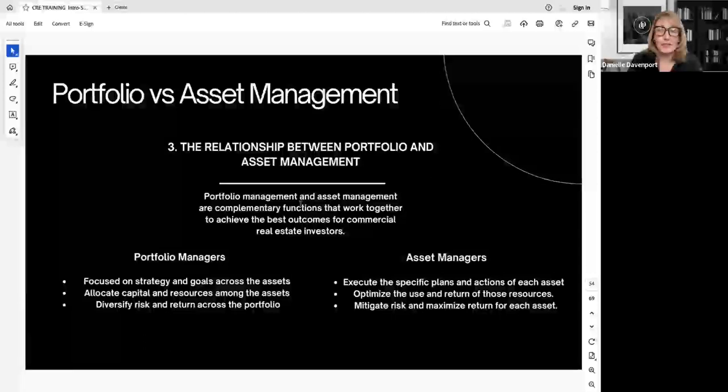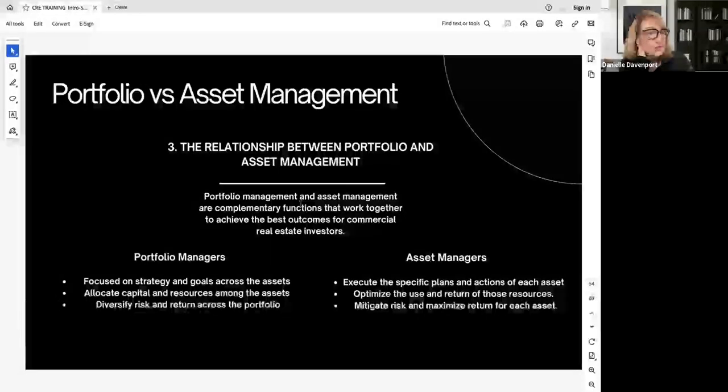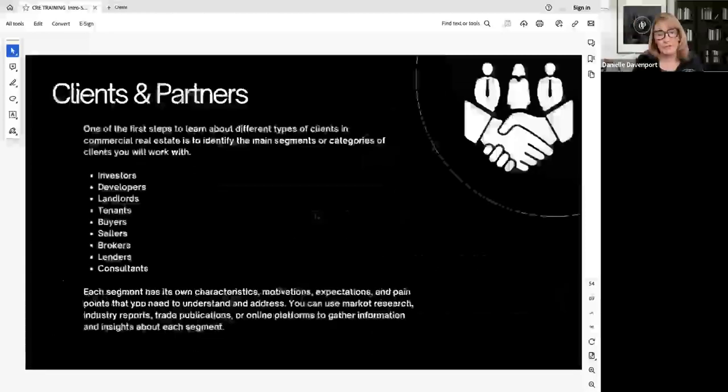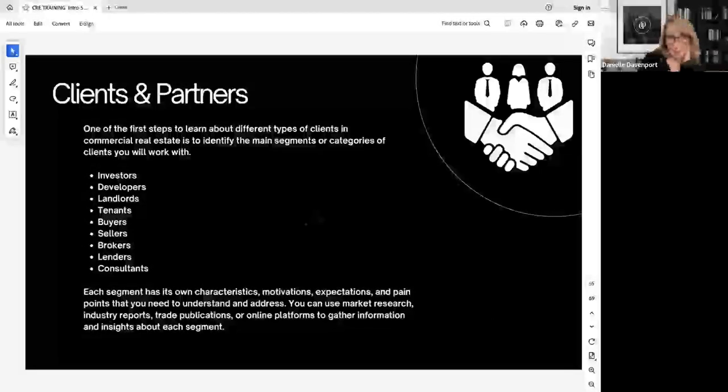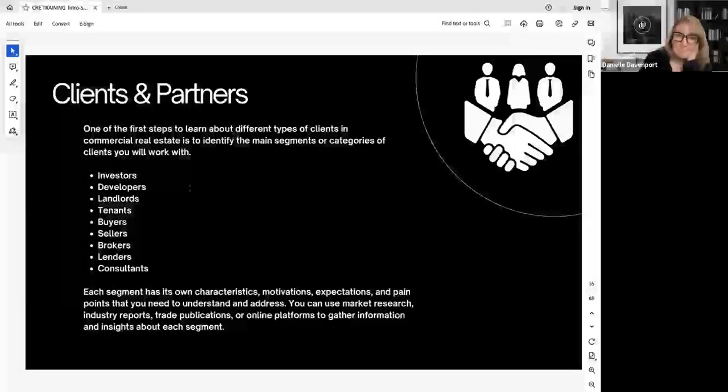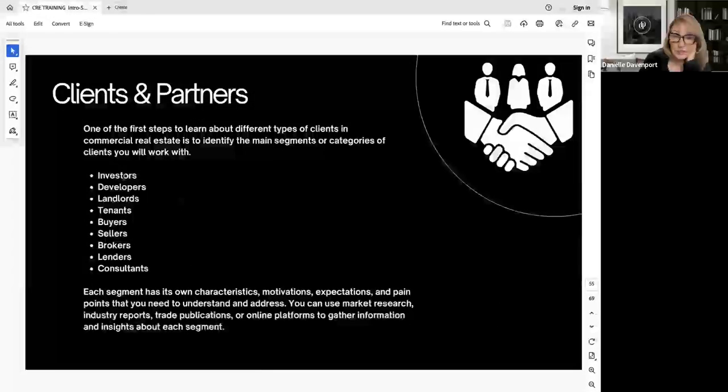The relationship between portfolio and asset management: portfolio managers are focused on a long-term strategy across all those assets, and the asset manager really optimizes that asset and may even manage it from a tenant perspective. Different types of clients and partners in this process, of course, are investors, developers, landlords, the typical rundown.